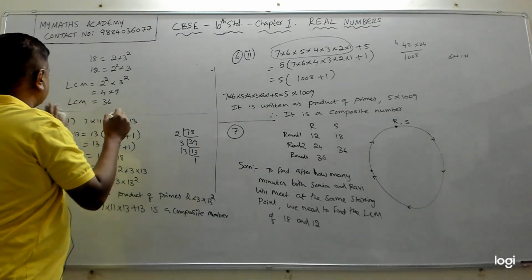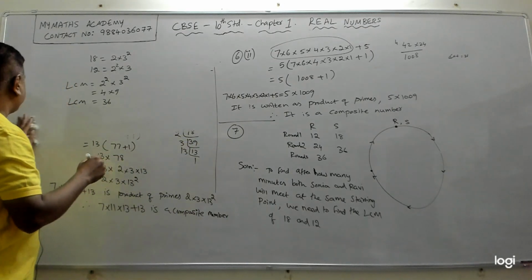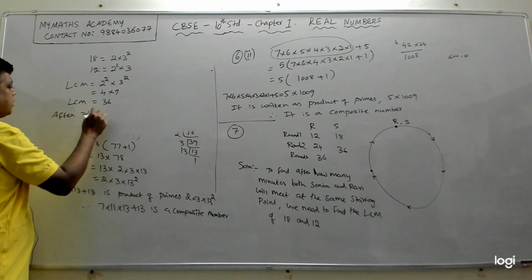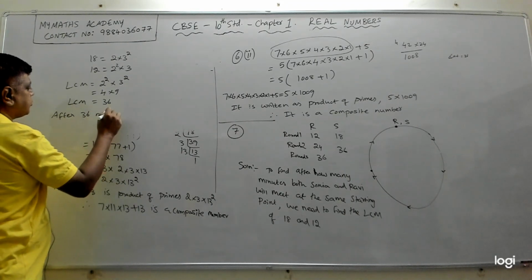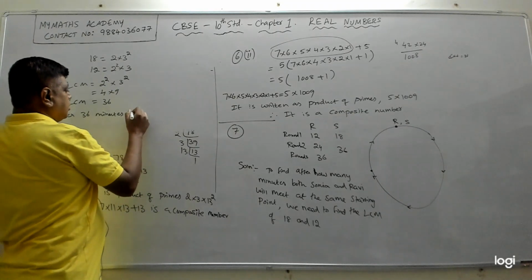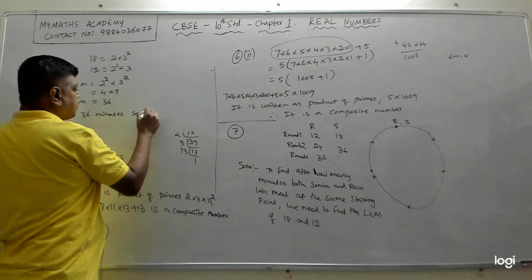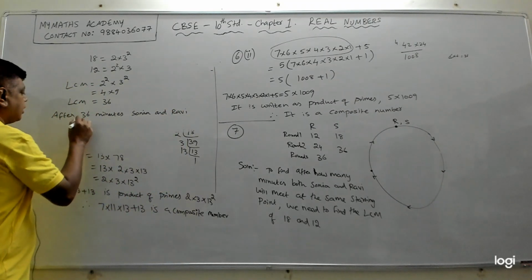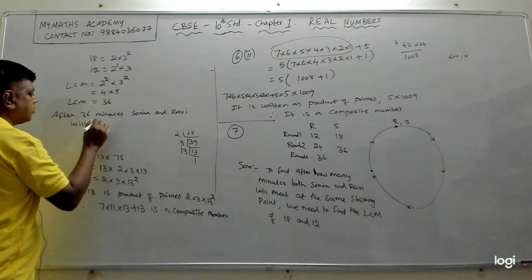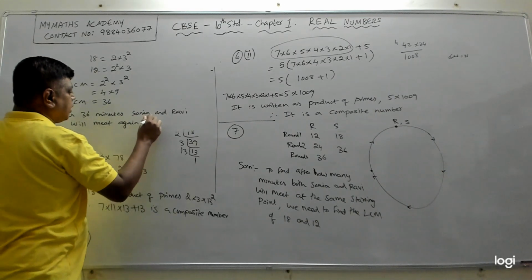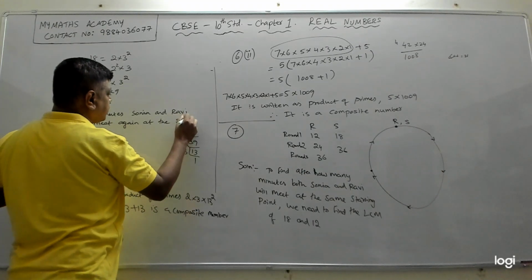So therefore, we should say that after 36 minutes, Sonia and Ravi will meet again at the same starting point.